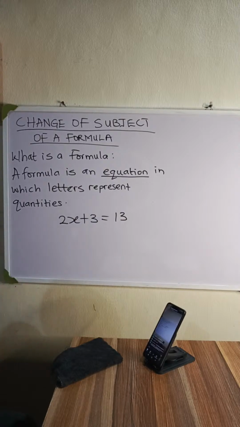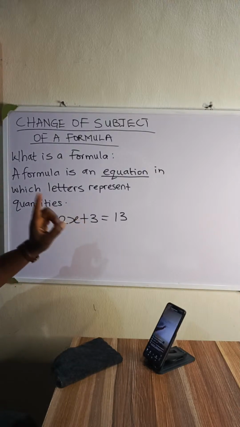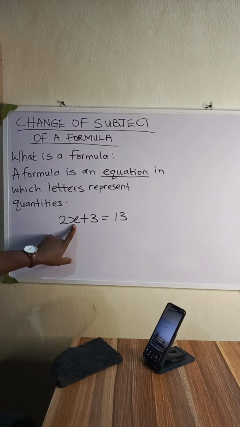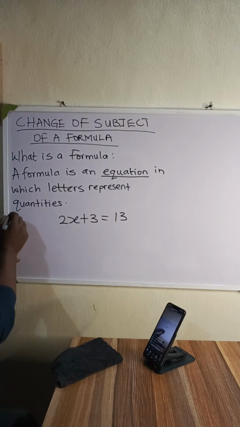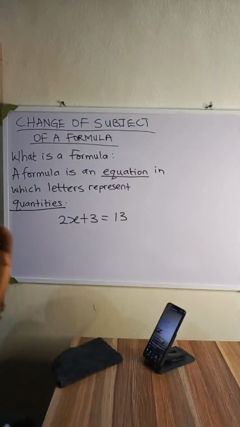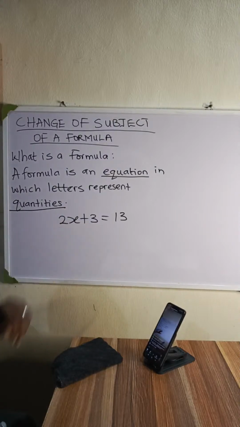But is this a formula? No. It is not a formula because although it contains a letter x, this letter x does not represent a quantity. Okay? So for it to be called a formula, it must represent a specific quantity. So this is an equation, but this is not a formula.